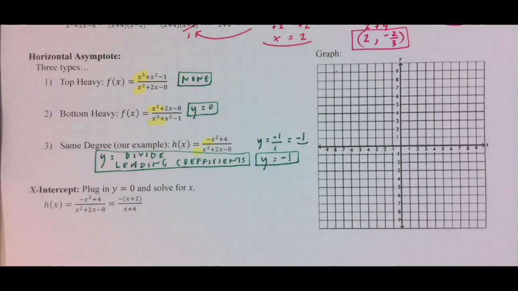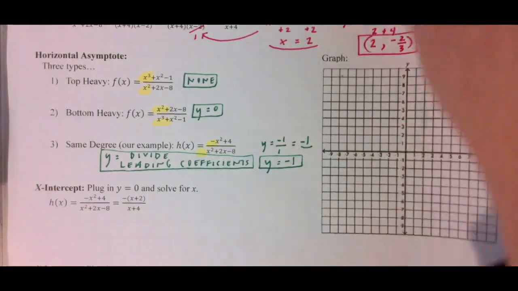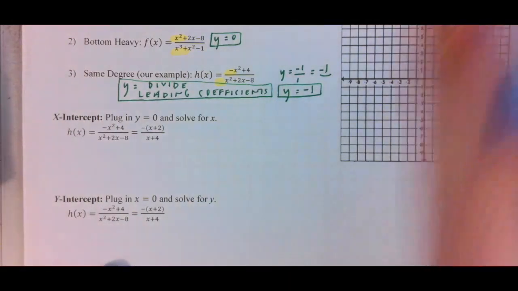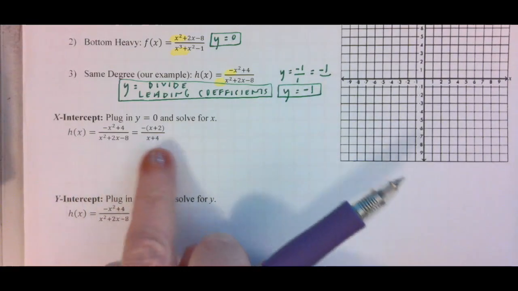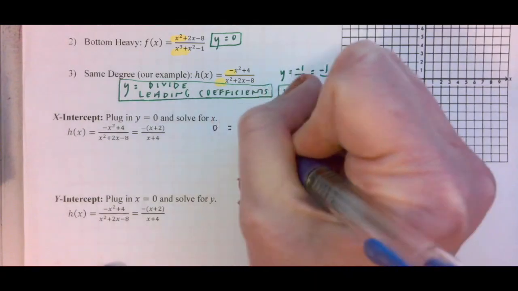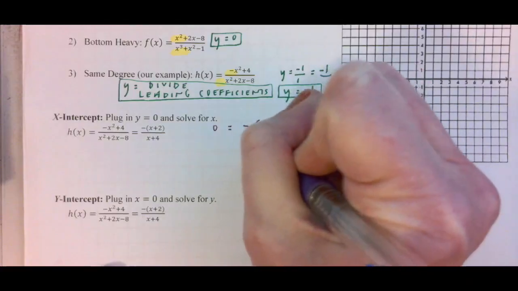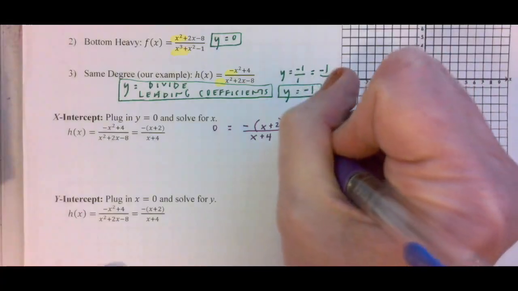Okay, then we also need the intercepts. I want the x-intercept and the y-intercept. So the x-intercept right here, we know that we plug in 0, we solve for y. So here I'm showing you that when we factored it down, we got from this original to this reduced version. Okay, so now if I'm saying that 0 equals -1 times x plus 2 over x plus 4, and I'm trying to solve for x, I would first clear my fraction.